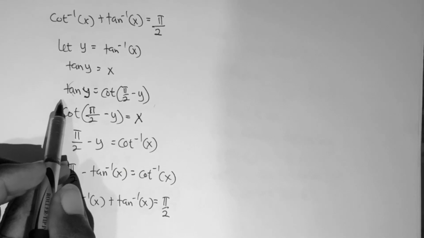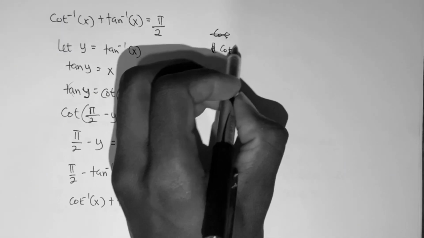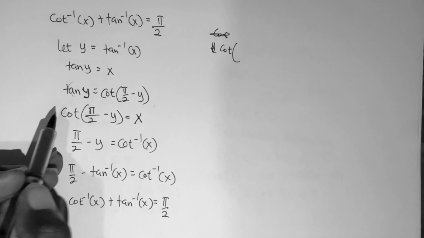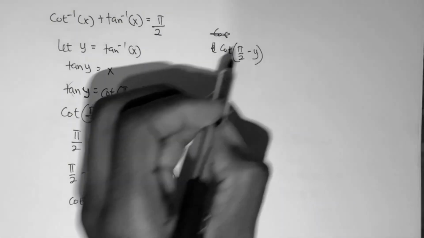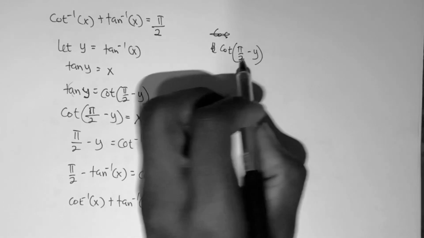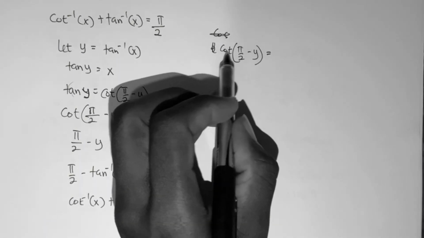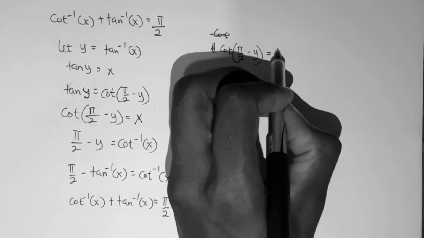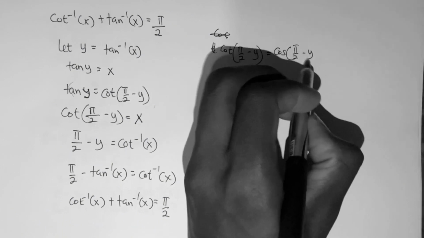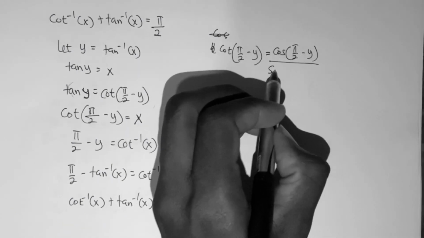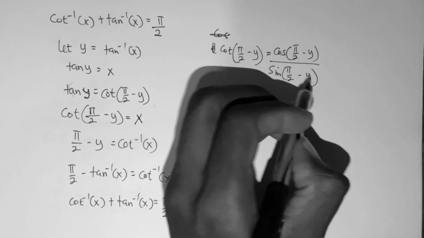Let's prove that identity. So we want to prove cot of (pi on 2 minus y). I know that cot of (pi on 2 minus y) is the same as, cot is 1 over tan, so if you invert tan, you are going to get cos of (pi over 2 minus y) divided by sine of (pi over 2 minus y).